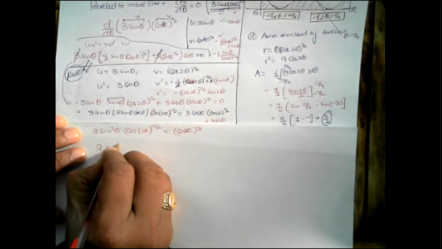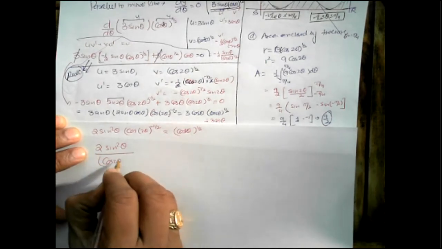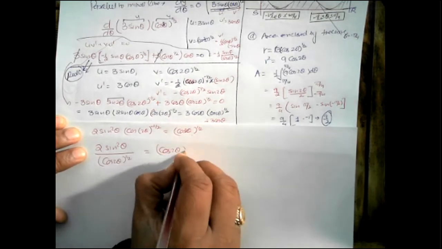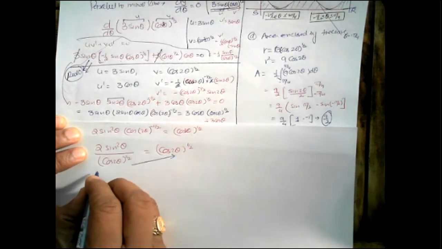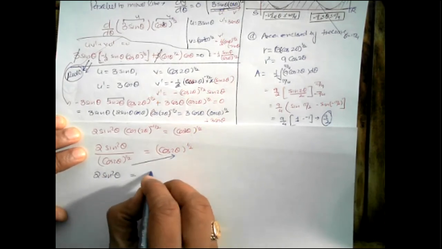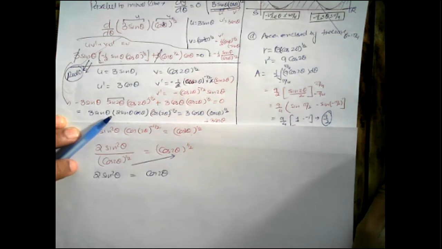This is 2 sine square theta over cos 2 theta to the power half, is equal to cos 2 theta to the power half. Take this to the other side. So 2 sine square theta is equal to cos 2 theta, because power half and half will add to give you one power, because it's 2 theta.